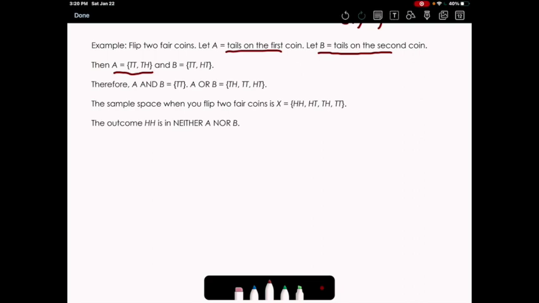So for the event A, your first toss is going to be a tail. Because B is the event that you get tails on the second coin, T is going to show up in the second position in event B. So therefore, A and B is going to be just TT. That's where they overlap. They both have TT in common.